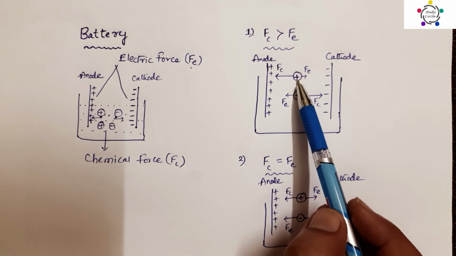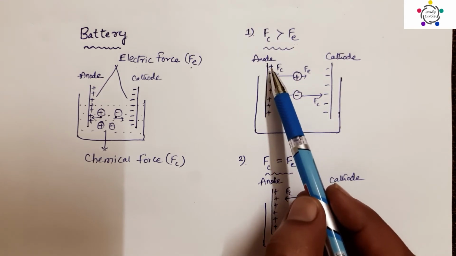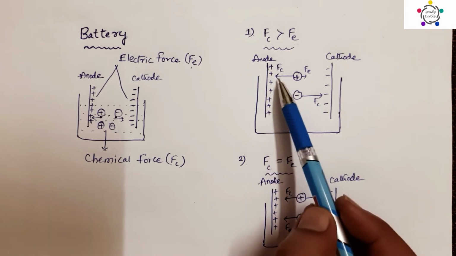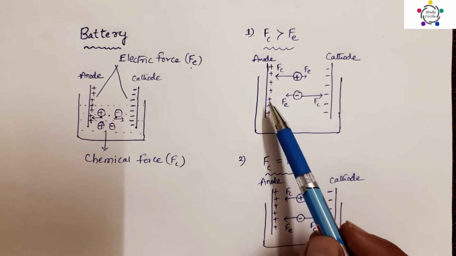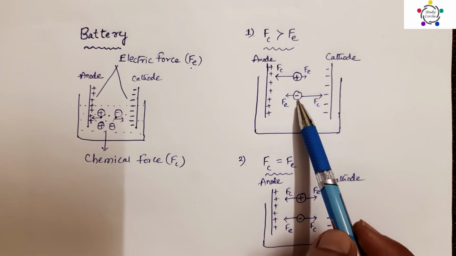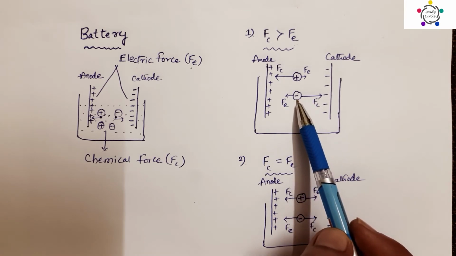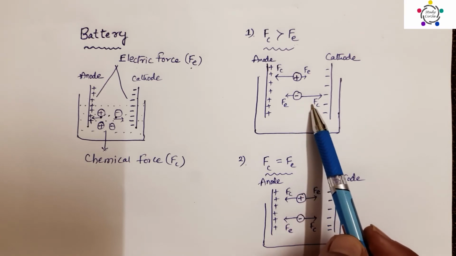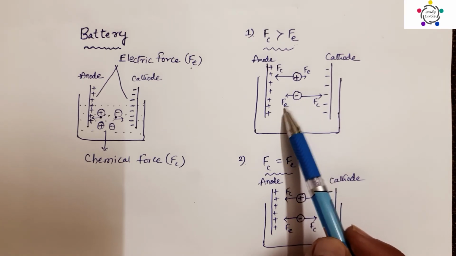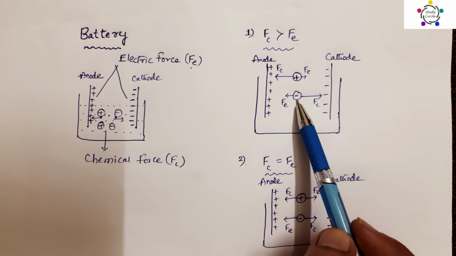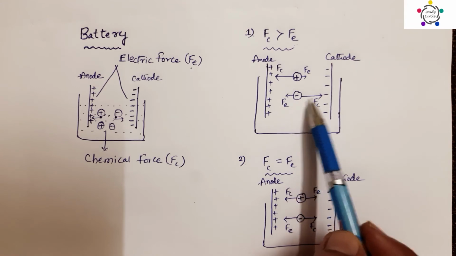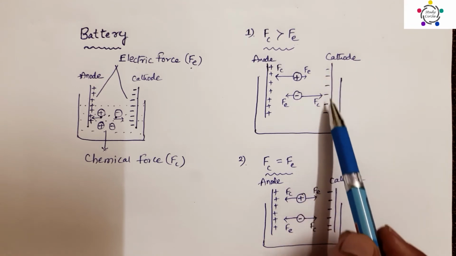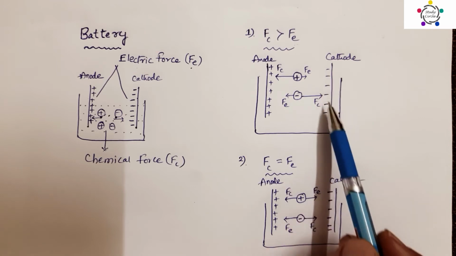Then the positive ions move towards the respective electrode to accumulate on that plate. Similarly, the chemical force acting on the negative ion is more than the electric force.